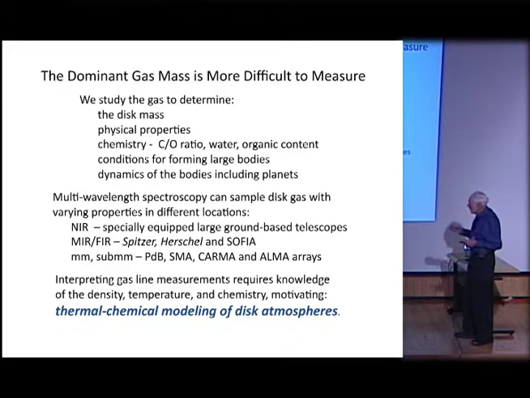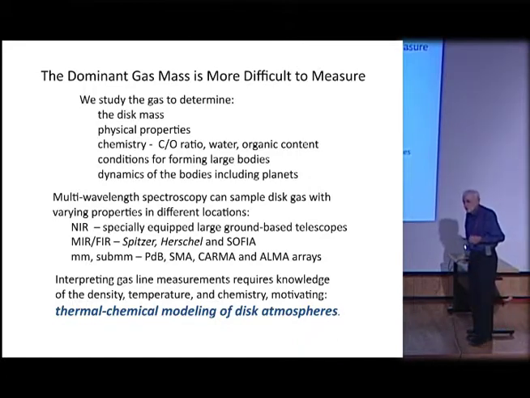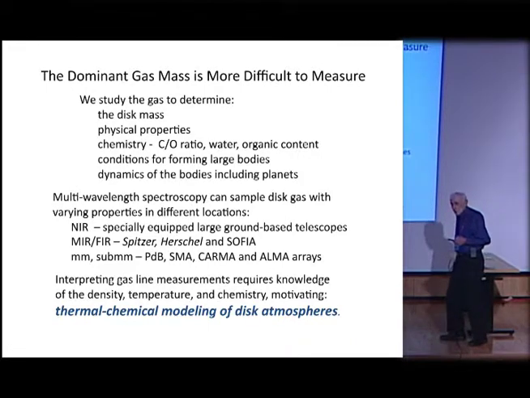So the goal is to understand the physical properties of the gas in the inner regions, its chemistry, whether it's oxygen-rich or carbon-rich. Are there interesting molecules like water? And then, of course, the gas plays a very important role in the dynamics of the bodies that form the planets and then in the motion of the planets itself after it has formed.